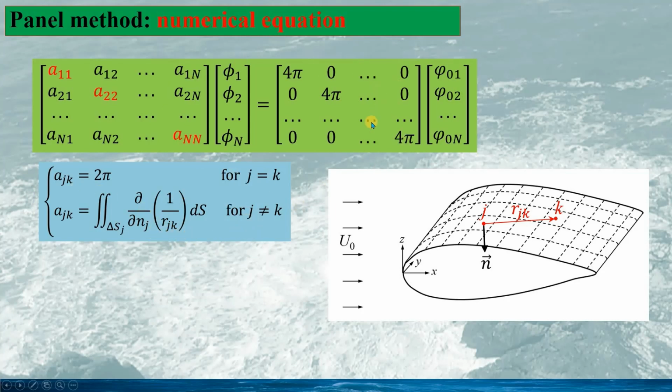And solving this equation, we can obtain the potential function phi on each panel, phi 1 to phi n. And we can see here the uniform flow potential function performs as the excitation for the potential flow phi 1, phi 2 to phi n.